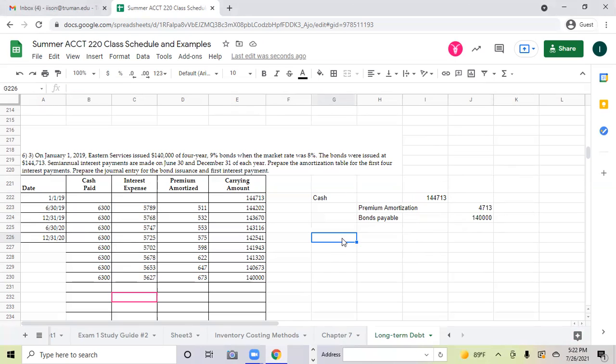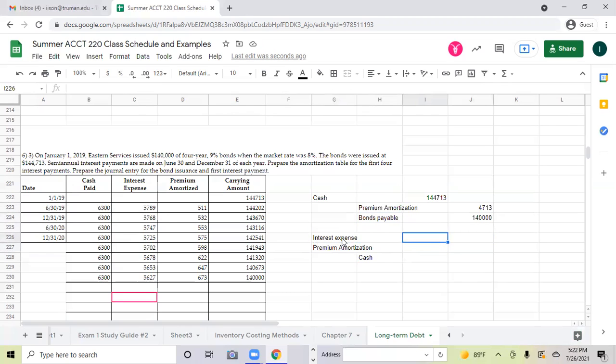So when we pay the interest, now we're paying out cash, right? So that's a credit. We need an expense, so interest expense, and expenses are debit balances, right? The difference between these two is going to be that premium amortization. We know here it was a credit, so down here it's going to have to be a debit.